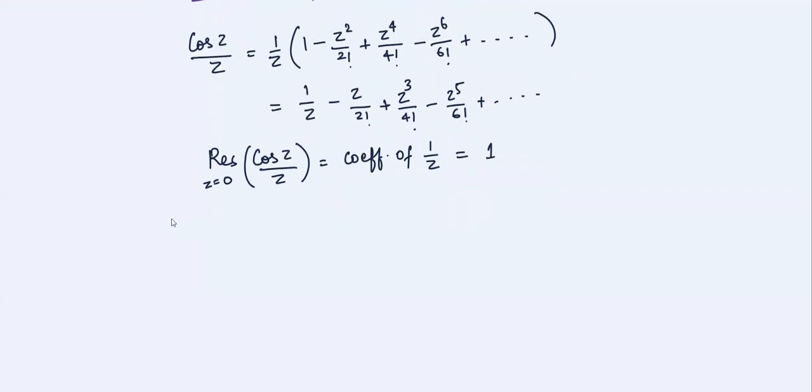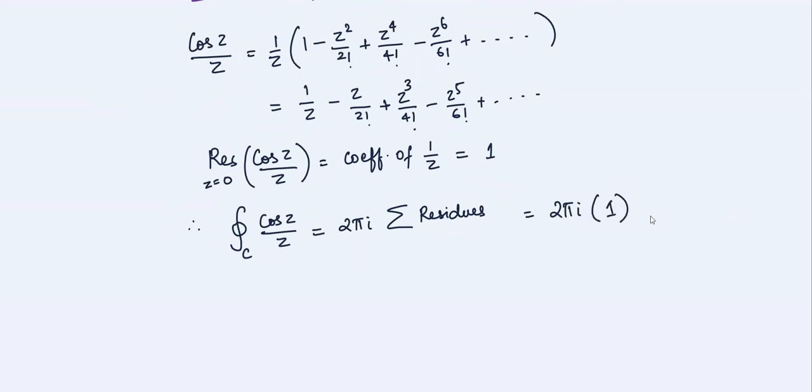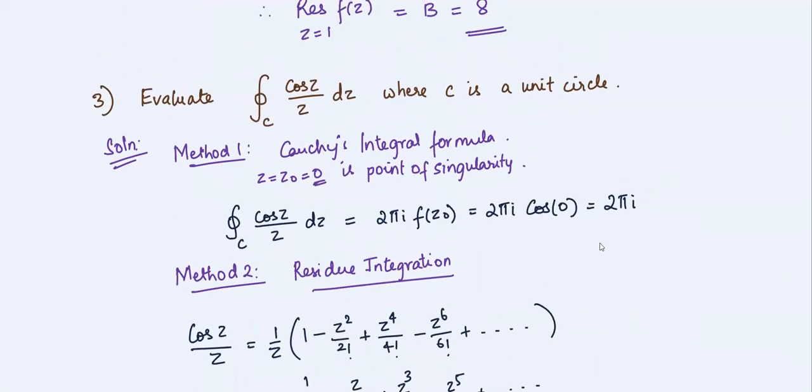So by the residue integration method, the integral of cos z by z is 2 pi i times the sum of all the residues. Now we have only one residue in the unit circle. So 2 pi i times 1, which is 2 pi i.